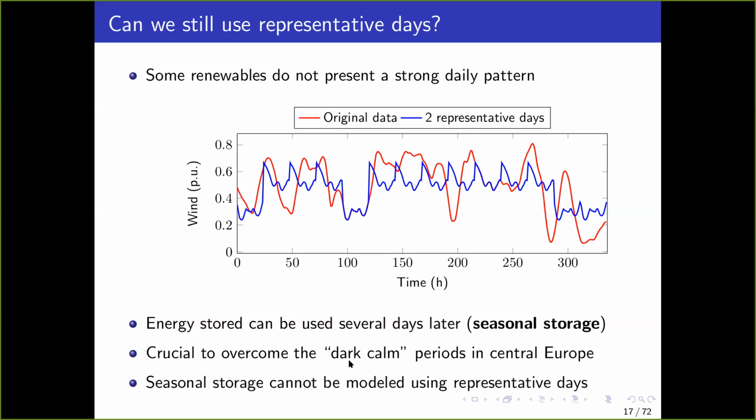And this is very crucial to overcome dark periods in Central Europe, where you may have 3 or 4 days in a row with clouds and no wind. And then this seasonal storage, which can alleviate that situation, cannot be modeled using the representative days approach, because if you remember, all the day-to-day chronology is lost.